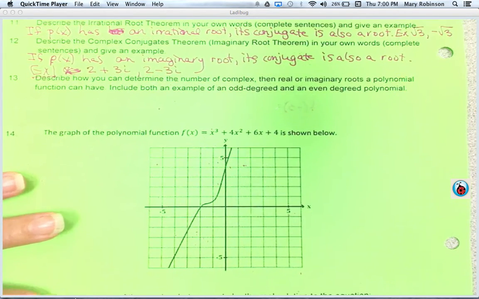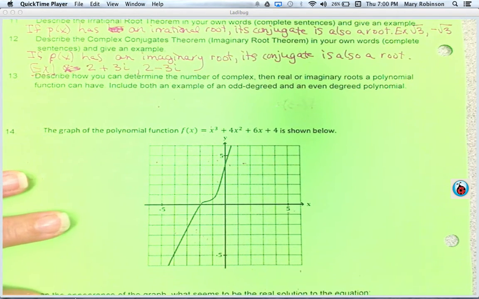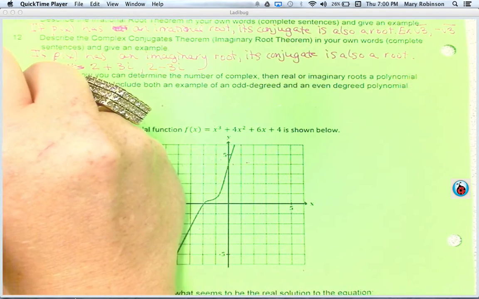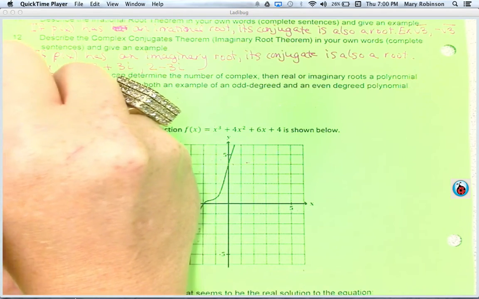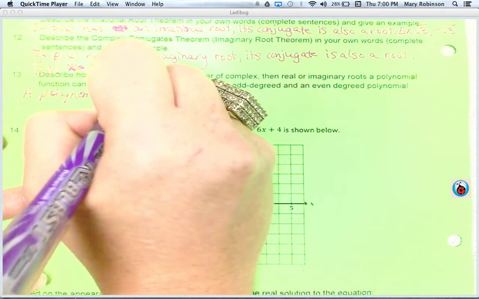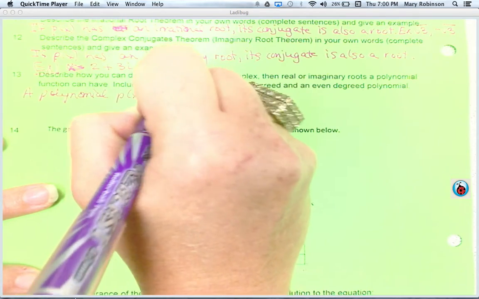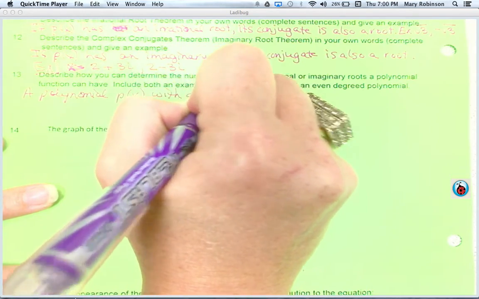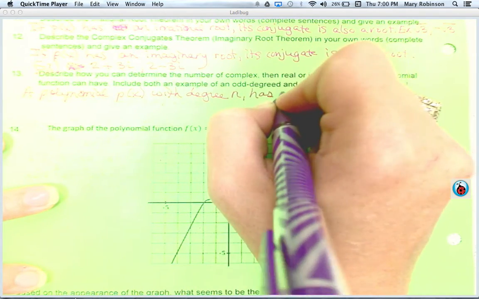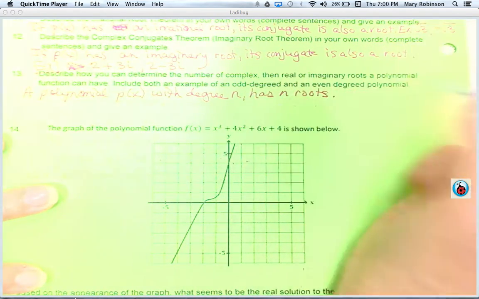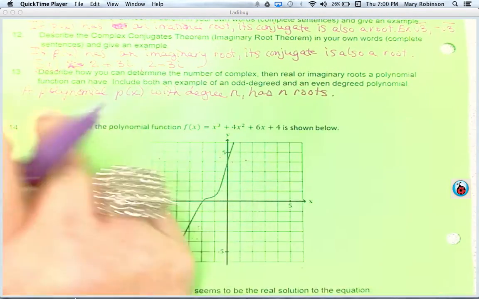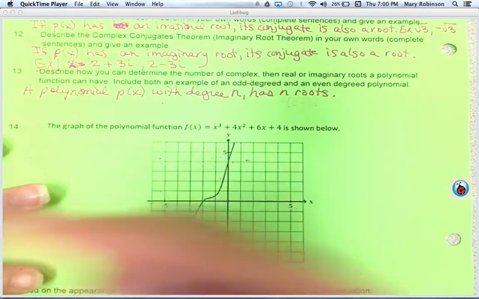Next, describe how you can determine the number of complex, then real or imaginary roots a polynomial function can have. A polynomial p of x with degree n, so this basically ties into your fundamental theorem of algebra, that it has n roots. So if you can better explain it, use an example, but you've got to explain that part.